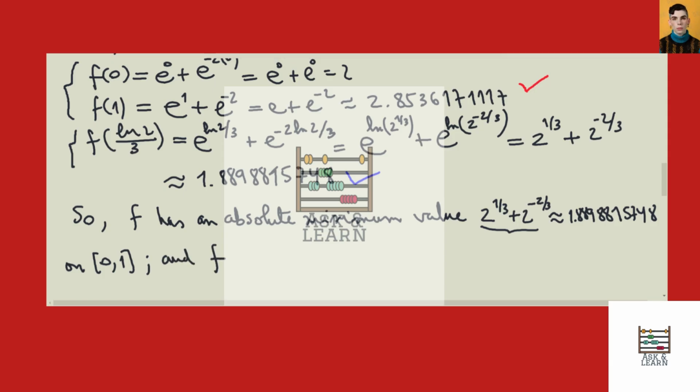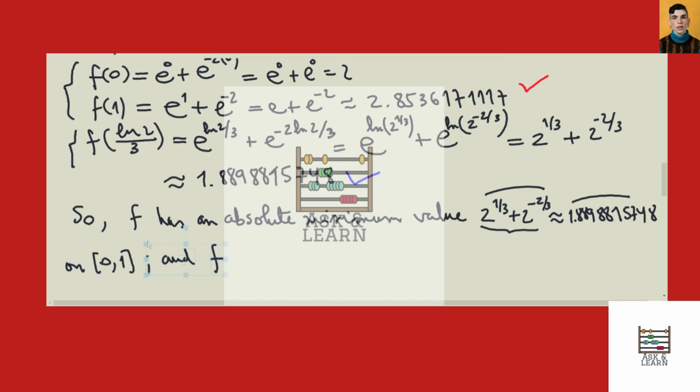And that is the absolute minimum value of the function over the interval 0, 1, which is this value here, and this is an approximation to that value, and it is attained at the only critical point of the function f.